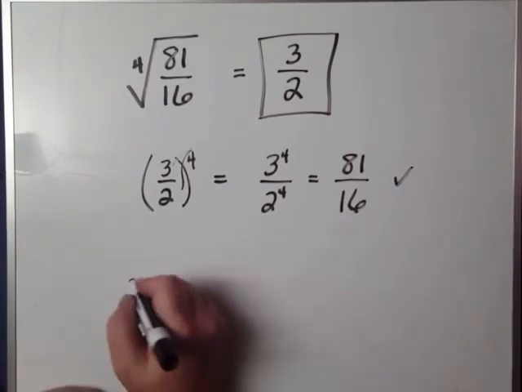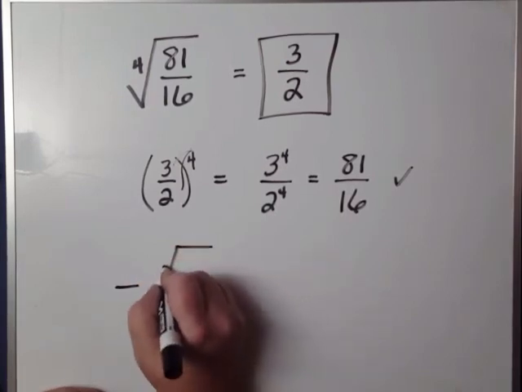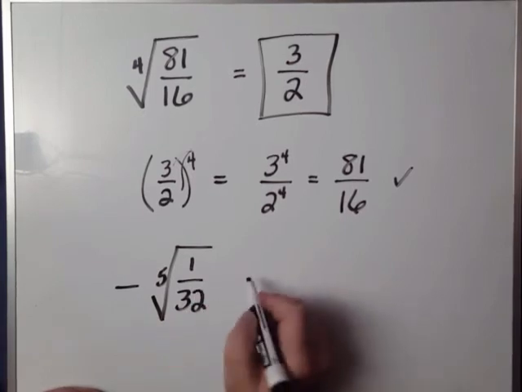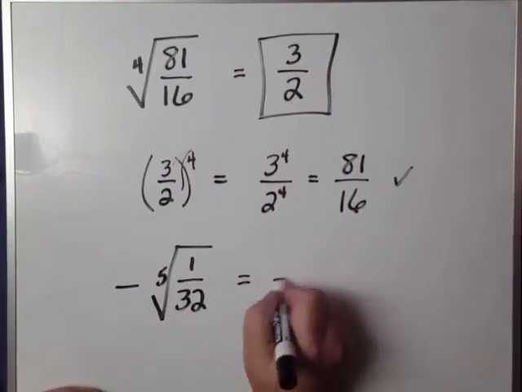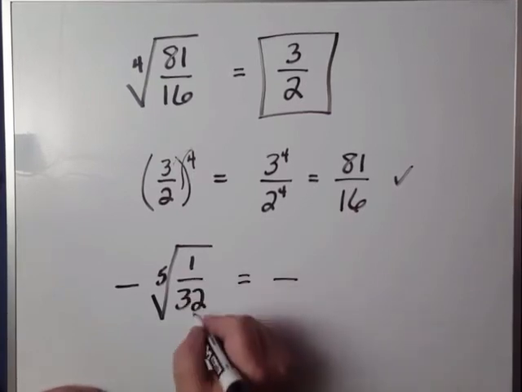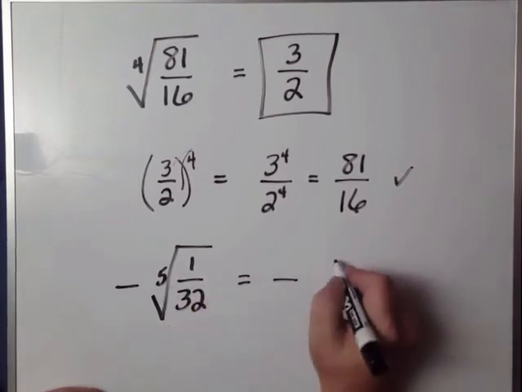Number 94, negative the fifth root of 1/32. That negative is just floating, so he hops right into the next step. And now we take the fifth root of this fraction by taking the fifth root of the top. Fifth root of 1 is 1.